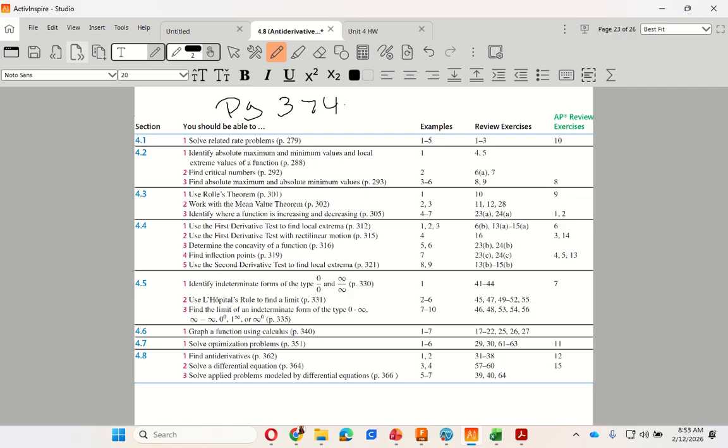And that's what these review exercises are referring to. It gives you item by item for every single type of problem that you want to do. It gives you the review problem to try and one of the AP examples for you to go with that.